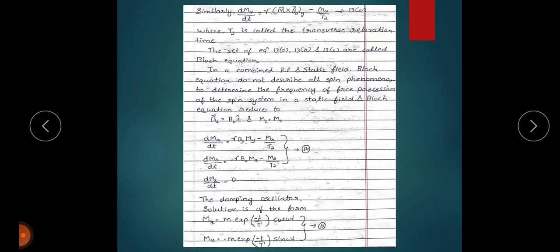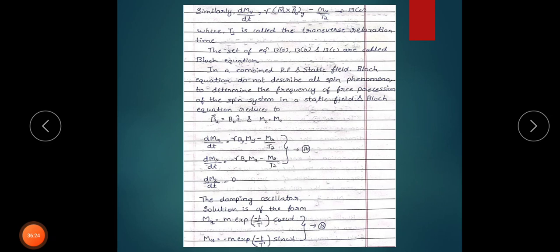Then equation 13c, similar to 13b: dMy/dt equals ν M cross B along y, minus My divided by T2. So these three equations are known as the Bloch equations.